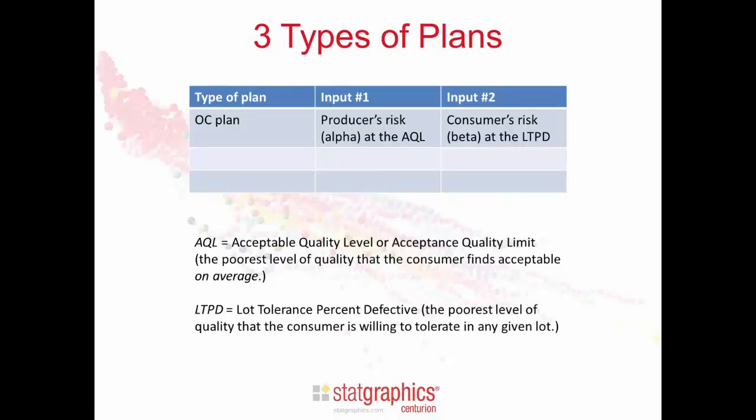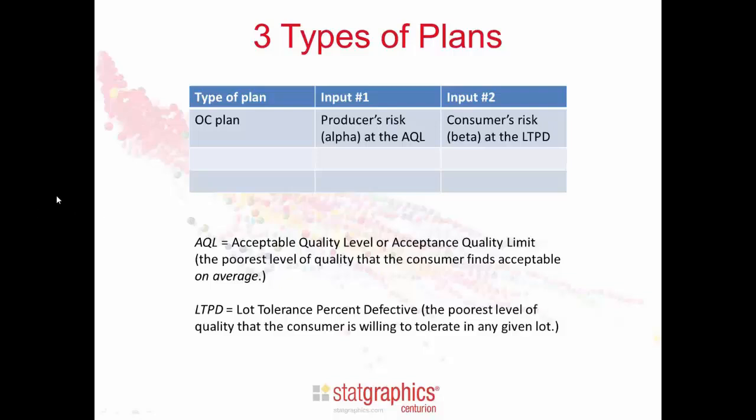It's sometimes called the acceptable quality level, or it may be called the acceptance quality limit. Whatever it's called, it's the poorest level of quality that the consumer finds acceptable on average. Okay? And what we will do is make sure, for the producer's sake, that we don't reject lots operating at the AQL very often.